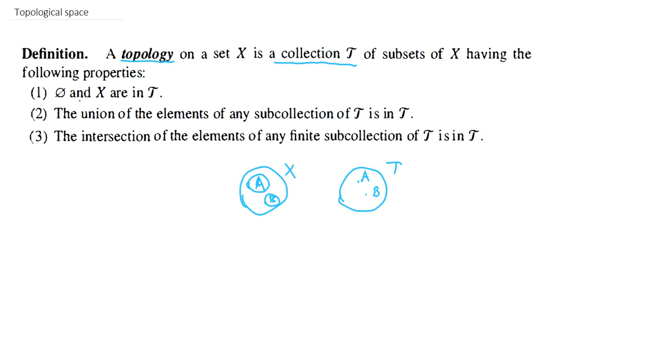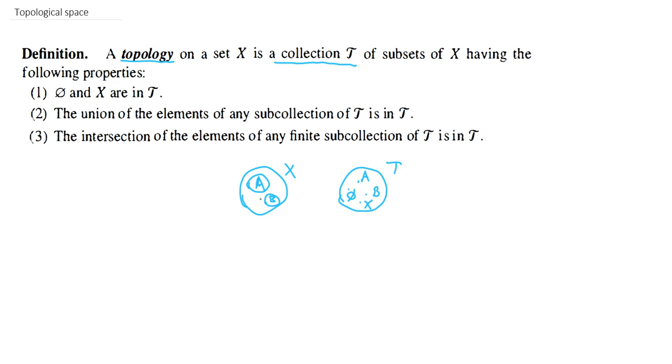The first property is that the empty set and the entire set X are in T. It means that inside the collection T, we have the empty set and the entire set X. And we know that for any set, the empty set is always a subset, and the entire set X is a subset of the set X itself.